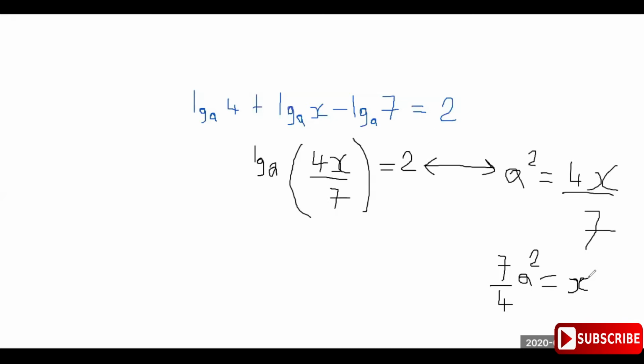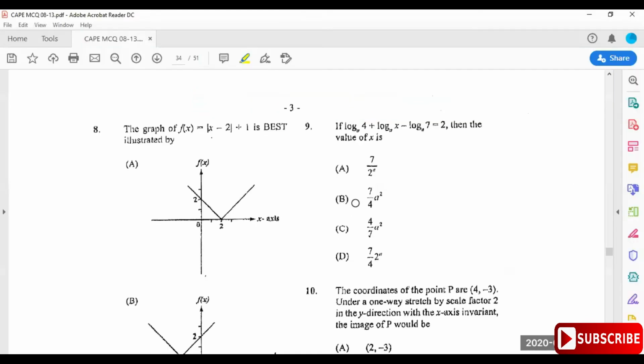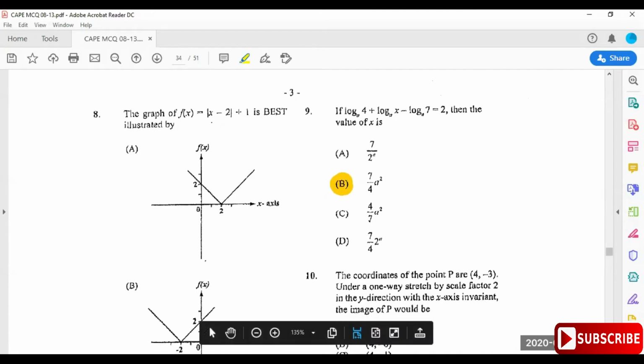You agree with this, right? So 7 over 4 a squared is equal to x. That looks like B. All right.